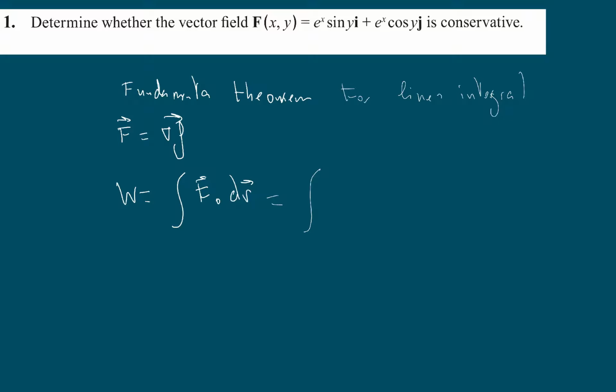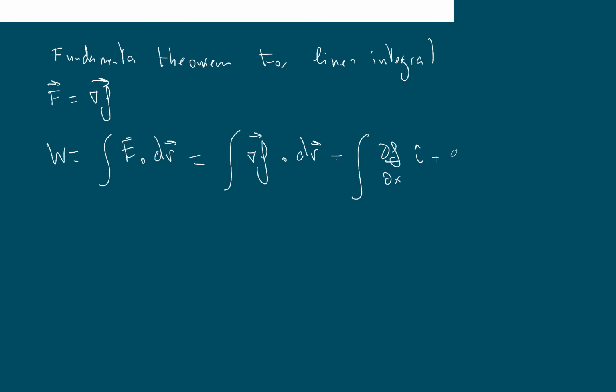Because now F is the gradient of some scalar function f, and the gradient of f is the derivative of f with respect to x i plus the derivative of f with respect to y j, dotted with dr, which is dx i plus dy j.